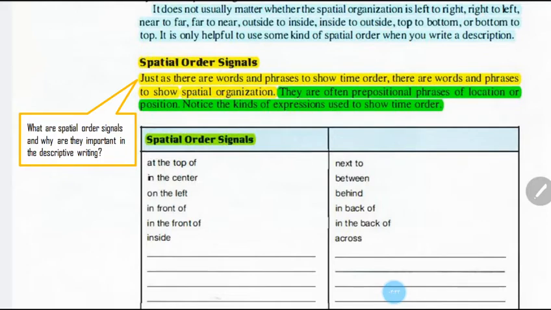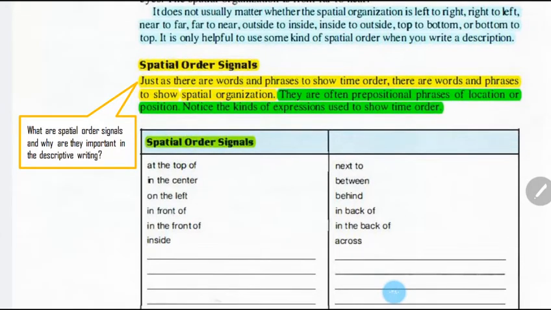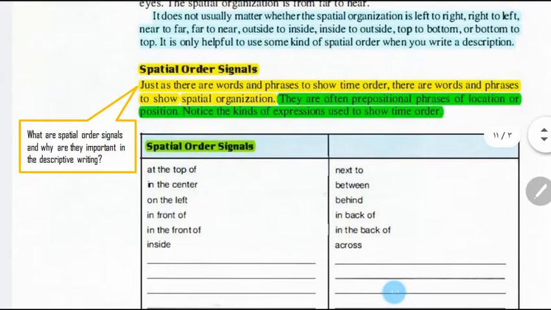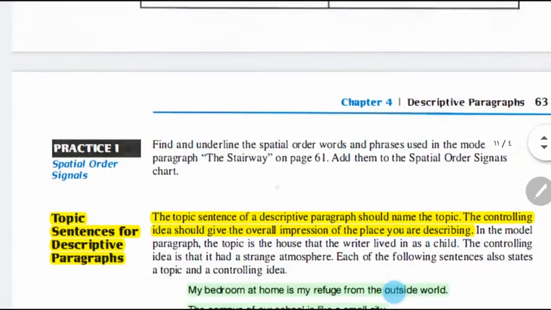These are called the spatial order signals that we use to describe things, like we use time order, first, second, third, and so on. They are often prepositional phrases of location or position, not the kind of expressions used to show time order. So this table is very important.